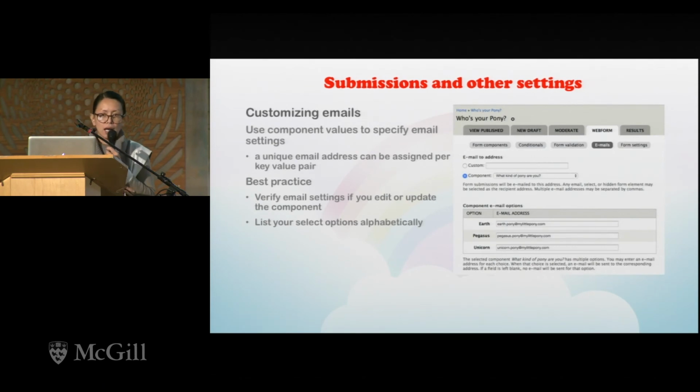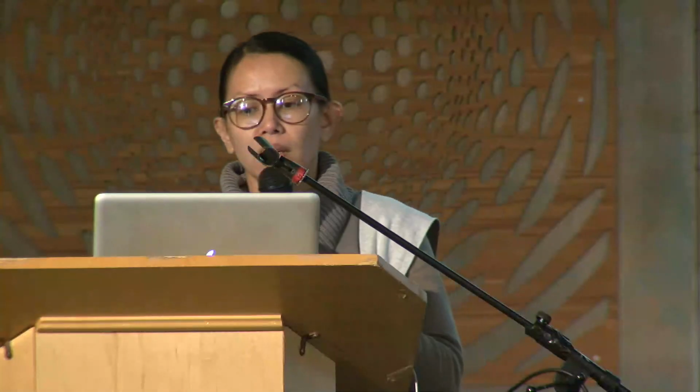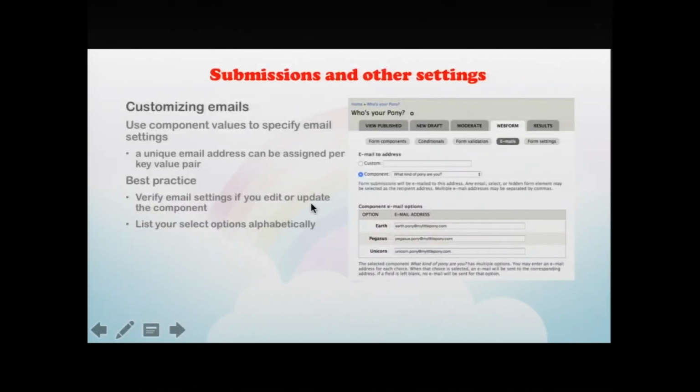I don't know if most of you realize that it's also possible to specify different email submission recipients based on how users respond to questions on your form. In this example, as you can see here on the right, someone who answered the question, "What kind of pony are you?" and answered Earth Pony, their submission would be sent to earth.pony@mylittlepony.com.